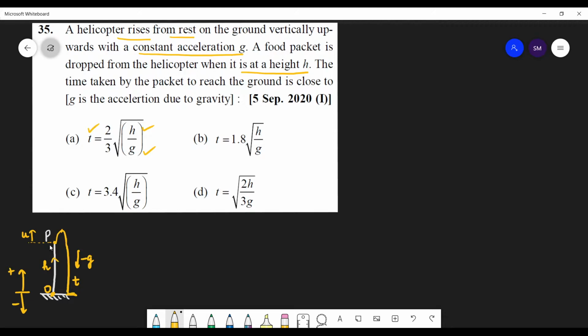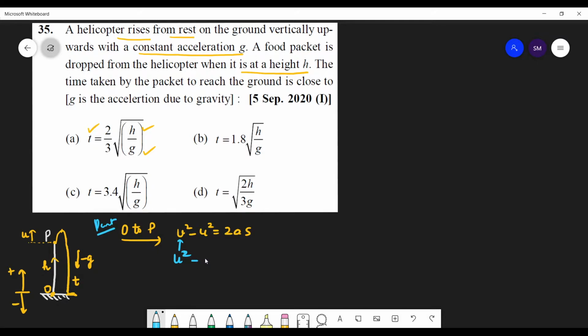If we take the motion from O to P, you have v square minus u square is equal to 2as. Now what is v here? So v here is u, that we have assumed as u, because that will be our initial velocity for the next part of the motion.